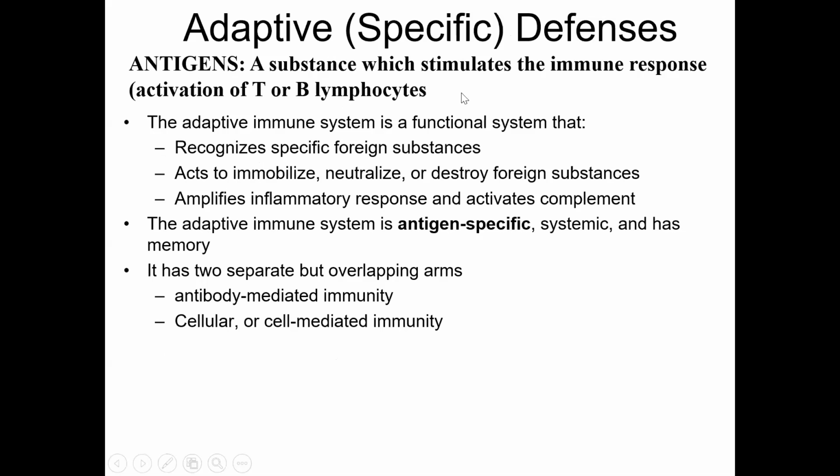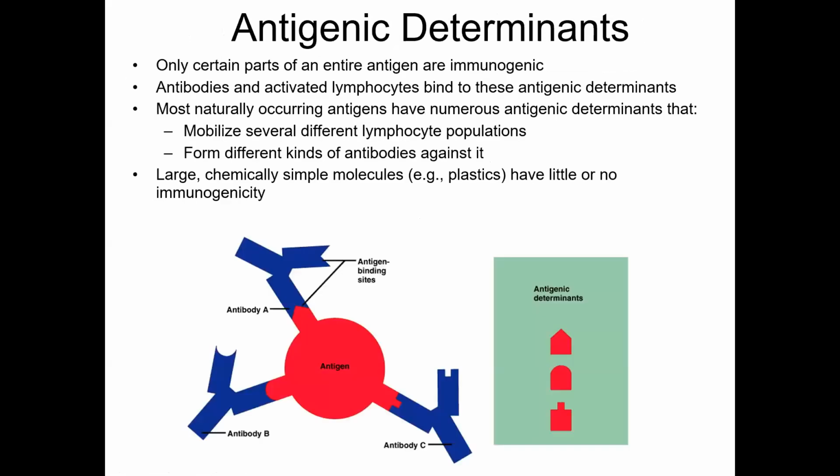An antigen is some substance which can trigger the immune response. A lot of them are proteins, but they can be sugars, particles, or pollen. Anything that can trigger your immune responses can be called an antigen.